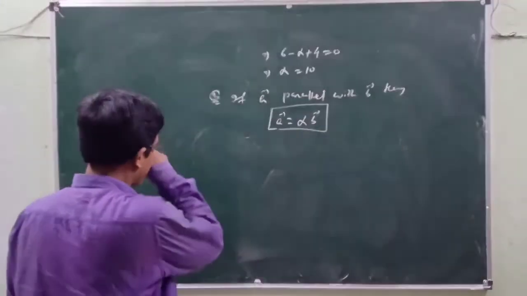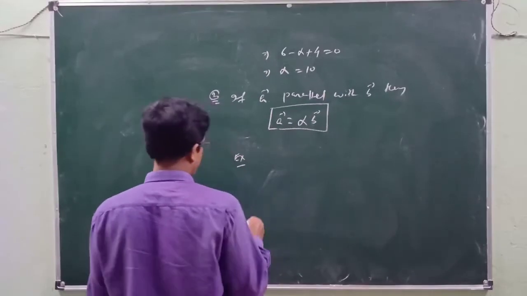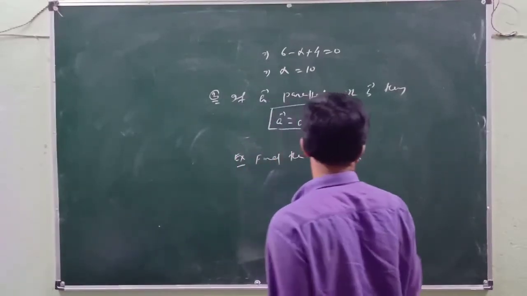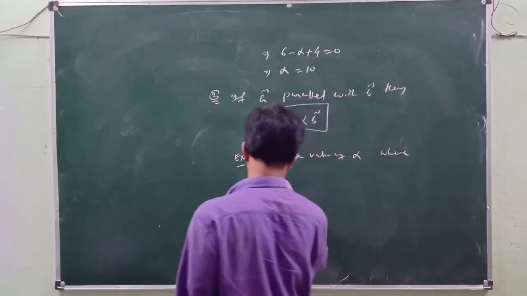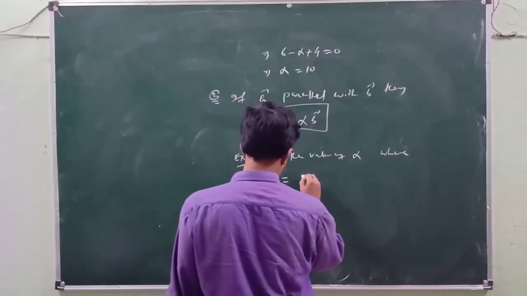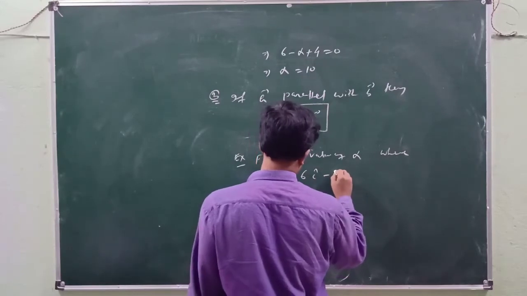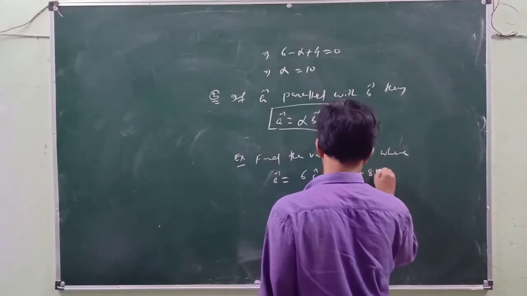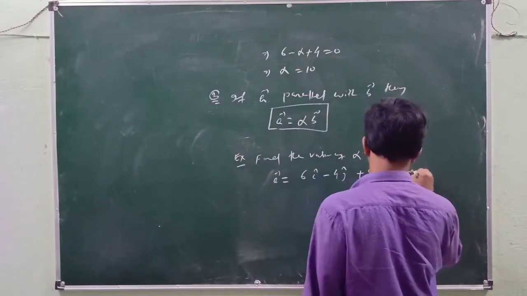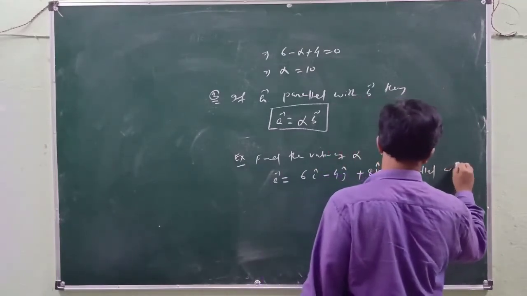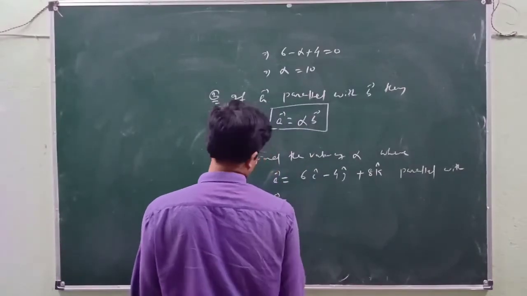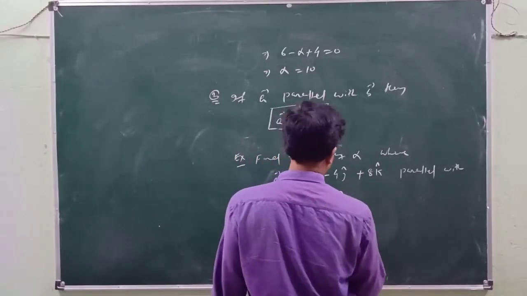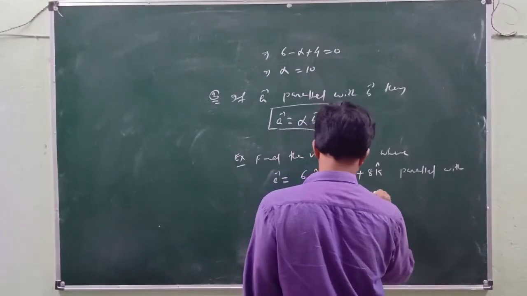Now look at the example. Find the value of alpha where A vector, 6 I cap minus 4 j cap plus 8 k cap, is parallel with B vector, which is 3 I cap plus alpha j cap plus 4 k cap.